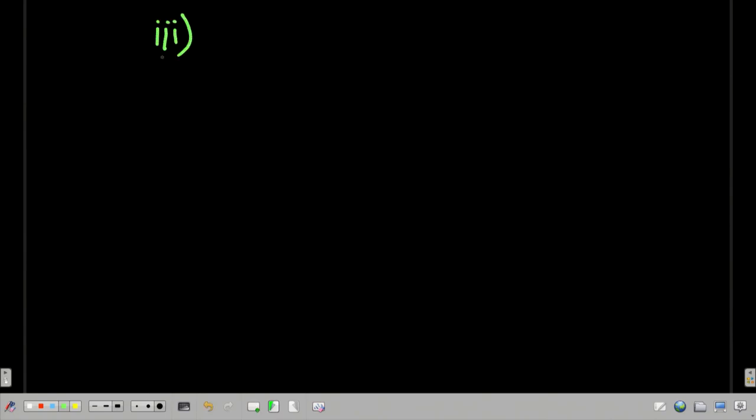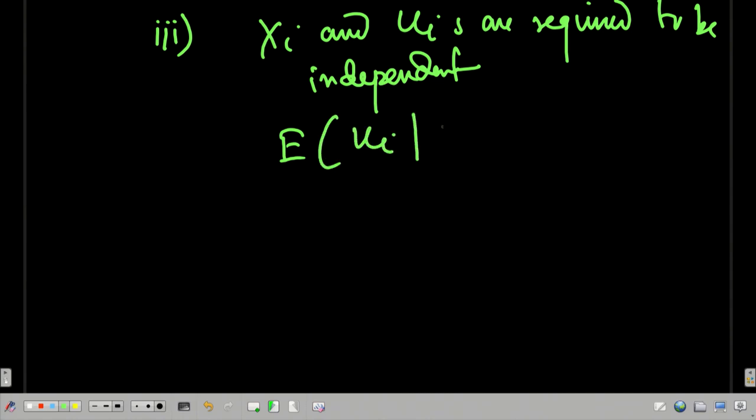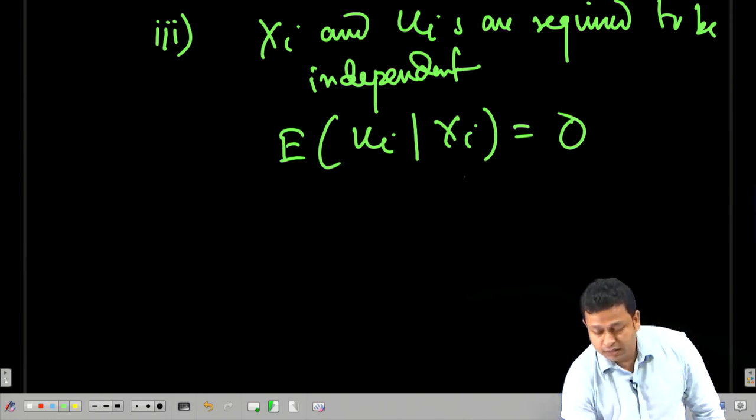The assumption that we are going to make is that x_i's and u_i's are required to be independent, and you write it as the expected value of u_i given all x_i is equal to 0. So the mean value of the error term given all x_i is equal to 0. That is what you assume.